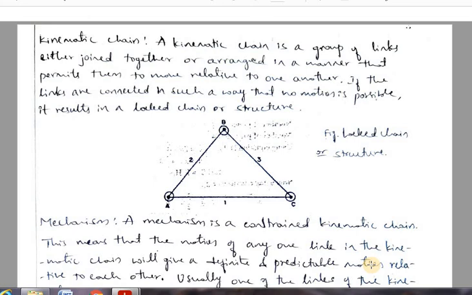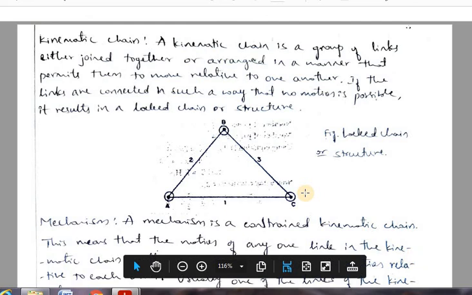If the links are connected in such a way that no motion is possible, it results in a locked chain or structure. In this figure, what you can see is a locked chain or structure.